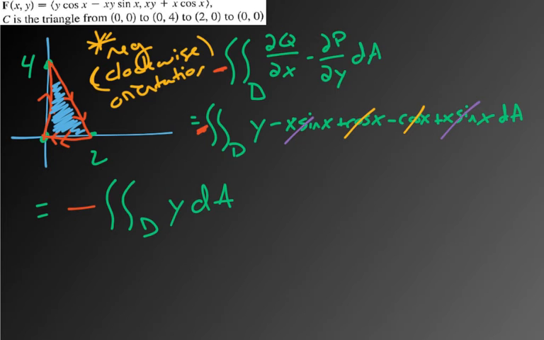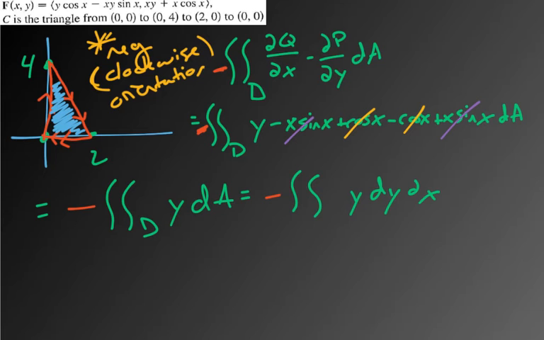Now you can just look at this and set up your double integral. It turns into a chapter 15 problem. It's another one you can do type 1 or type 2. Let's just go from the bottom up again. We got a negative again. We're going to do y, so dy, then dx, okay?